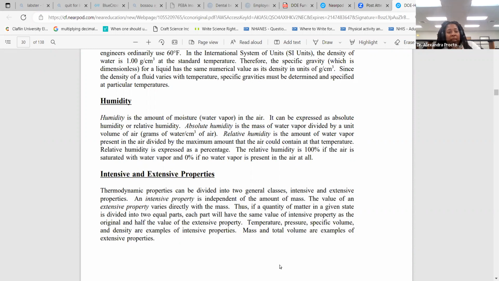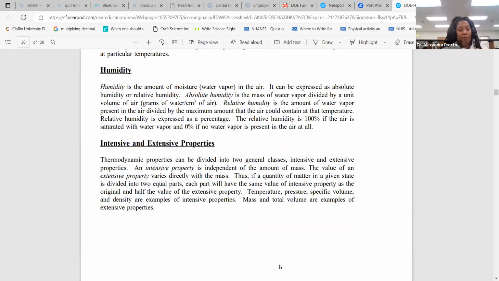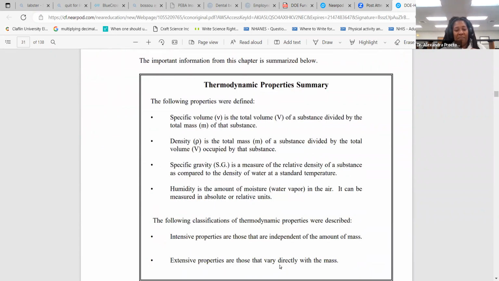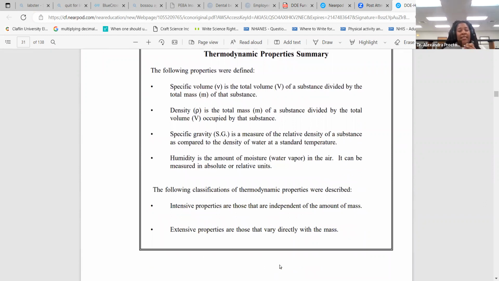So we can either say that absolute humidity is grams of water per cubic centimeters of air, or we can use relative humidity, which is in a percentage, okay? And then we said that intensive properties are independent of the amount of mass, and extensive properties vary directly with the mass.